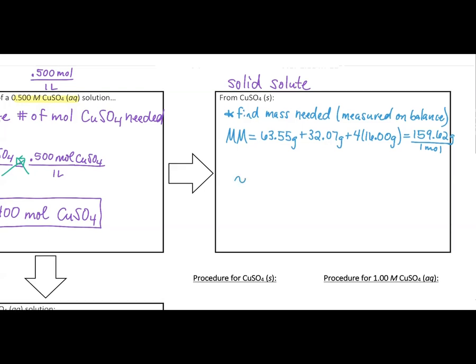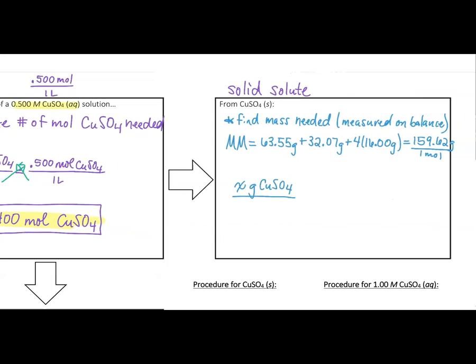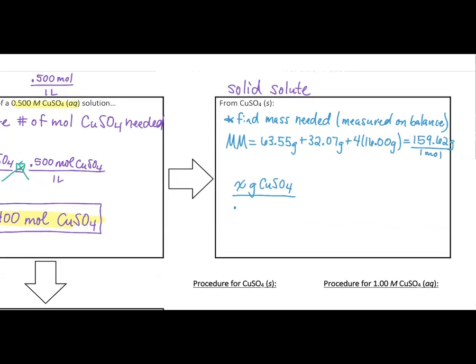We're looking here for those grams of CuSO4 that are present in the 0.4 moles that will actually be in the solution. So we're going to put 0.400 moles, and then we use our molar mass, 159.62 grams CuSO4 for every 1 mole CuSO4.